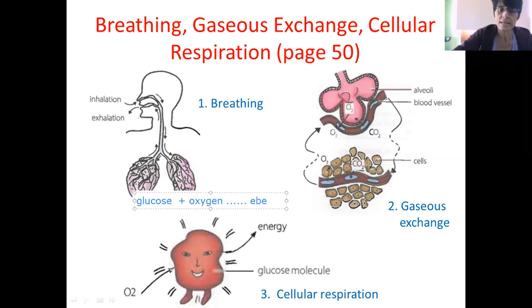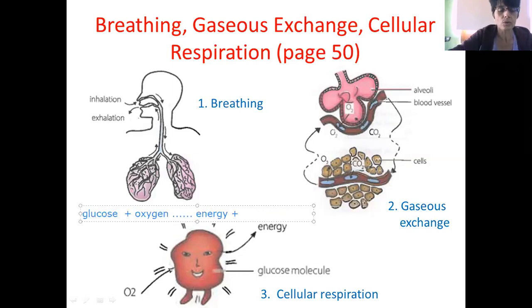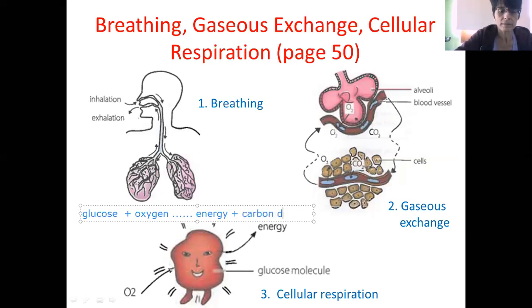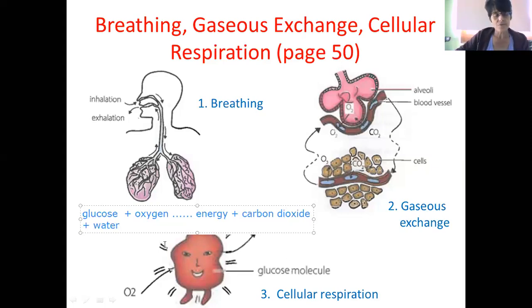Energy is produced, and that energy is called ATP. And the waste products are carbon dioxide, and the other one is water. So that's what happens during cellular respiration.